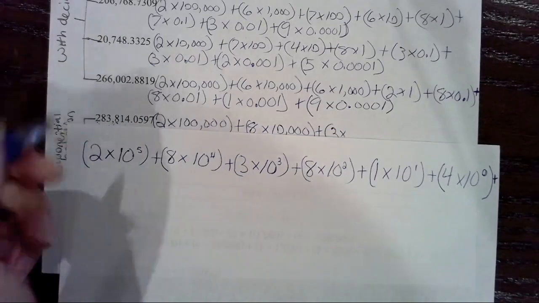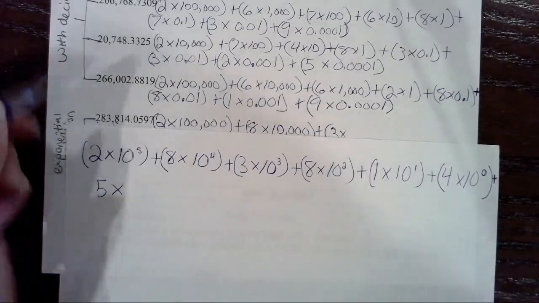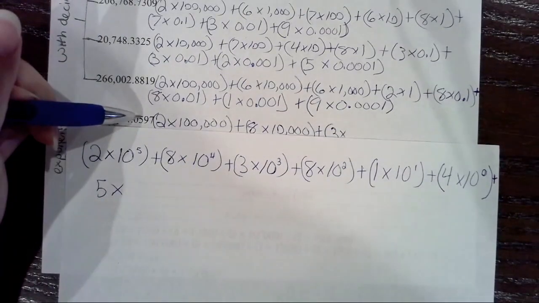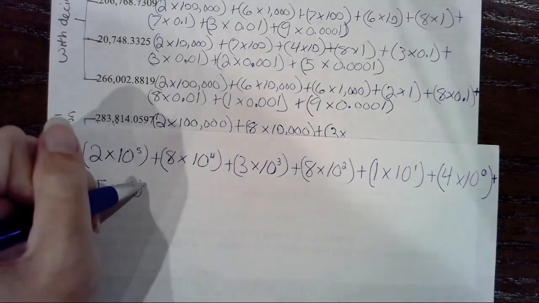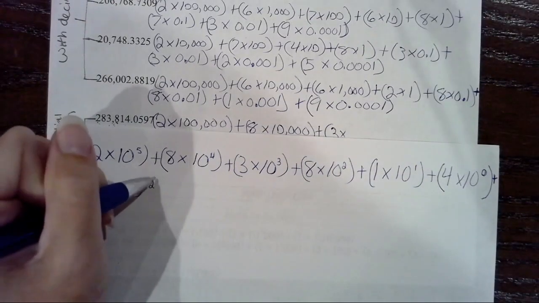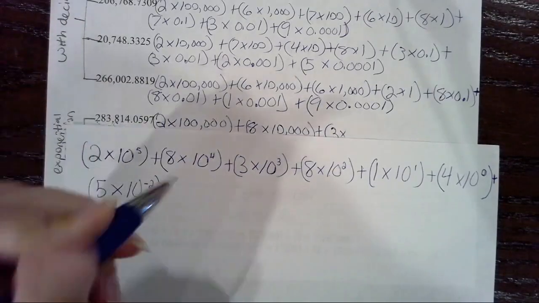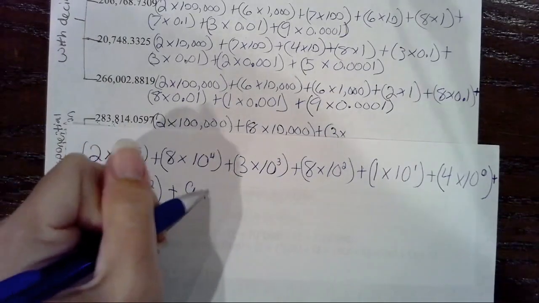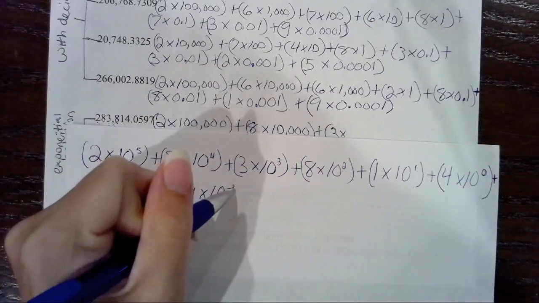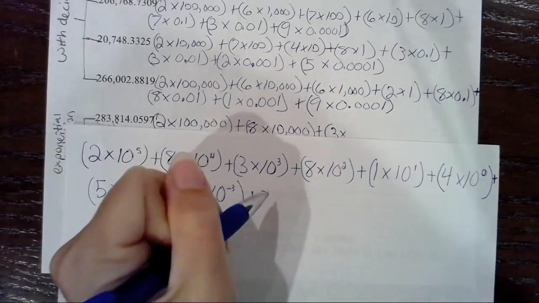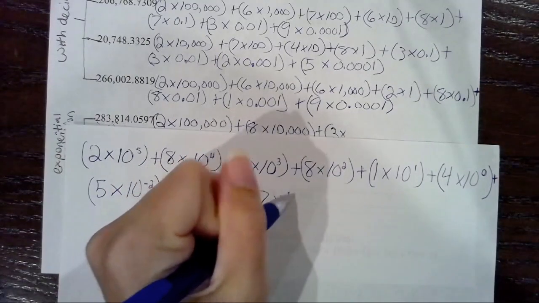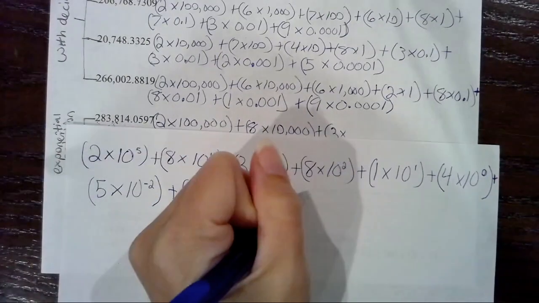So 5 times, that is in the hundredths place. So hundredths as a power of 10 is 10 to the negative 2nd power. Then we have 9. 9 times 10 to the negative 3rd power. And finally we have 7 times 10 to the negative 4th power.